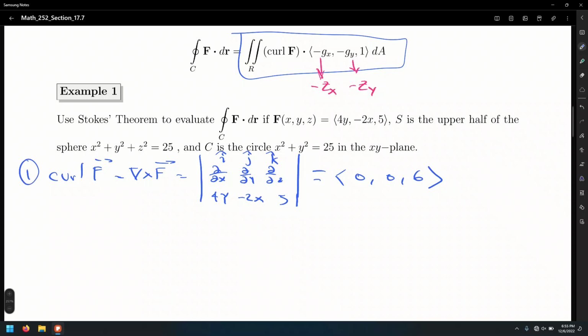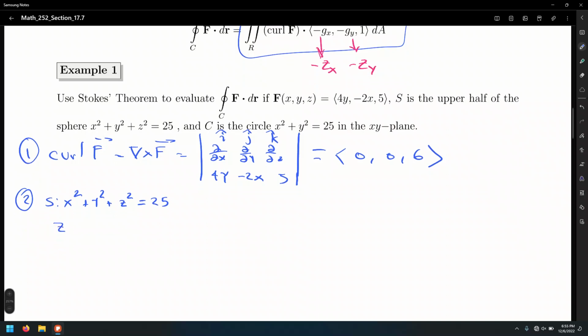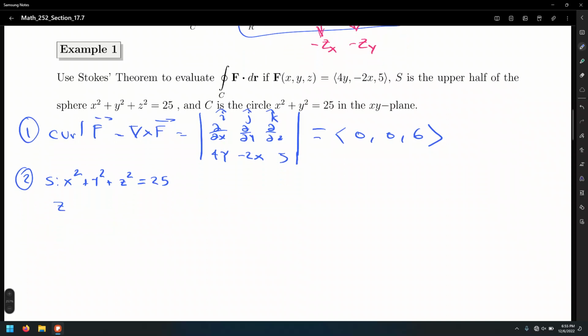And number two, we need to observe our surface. What do we have for the surface? We have S, which is x squared plus y squared plus z squared equals 25. Solve for z, because again, careful with surface integrals.